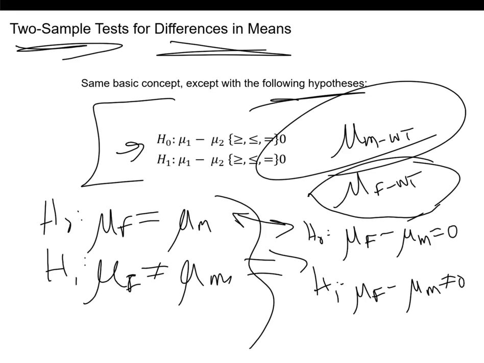Whereas earlier we had a single average and we were asking whether it was equal to or not equal to some value, now all we're doing is taking a linear combination of these averages and asking whether that linear combination is equal to or not equal to 0. But it's equivalent to asking whether those averages are equal to each other or not, and so it's not much of a big difference, right?